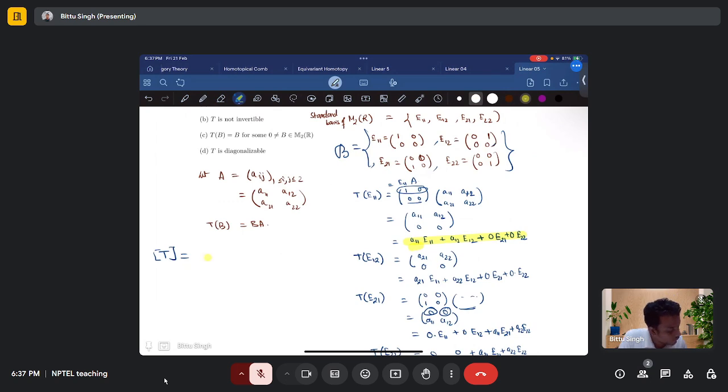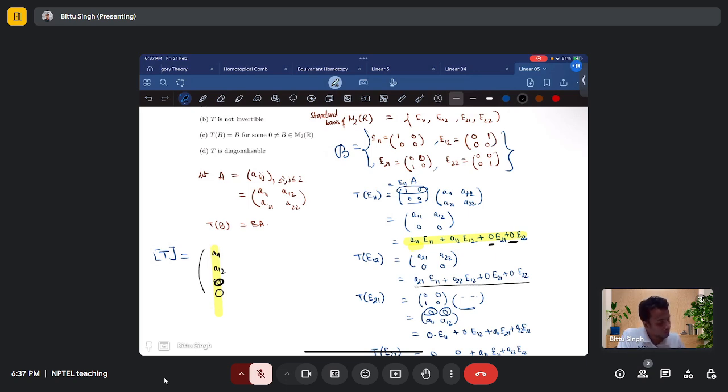The first column will be the coefficients A11, A12, and there is no coefficient of E21, so it is 0. Similarly, the coefficient of E22 is 0, so 0.